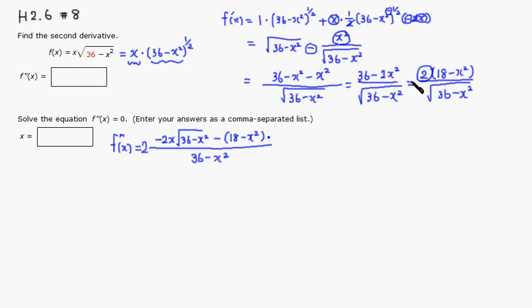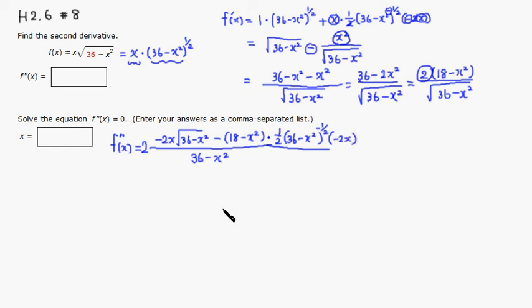Derivative of the bottom is going to be 1/2 in front, keep the same quantity, 36 minus x squared, and subtract 1 from the power, so negative 1/2 power. Then multiply by the derivative of the inside, so it's negative 2x.